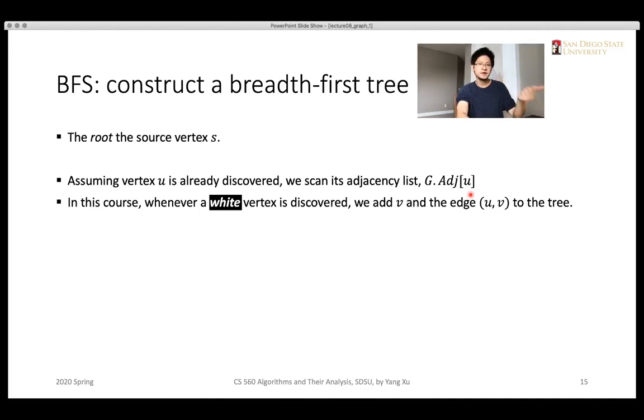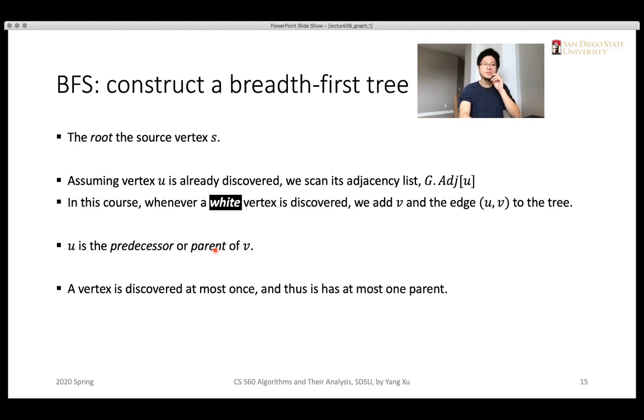Whenever a white vertex V is discovered, we will add that vertex and the edge from U to V to the tree, and we say that U is the predecessor or parent of V. We usually say parent because it's a direct predecessor of V. Each vertex is discovered at most once, so it has at most one parent.